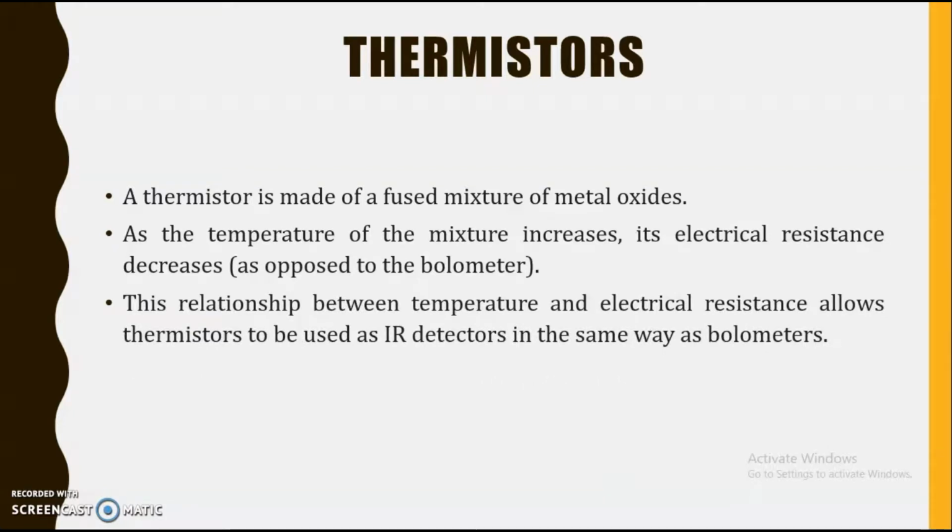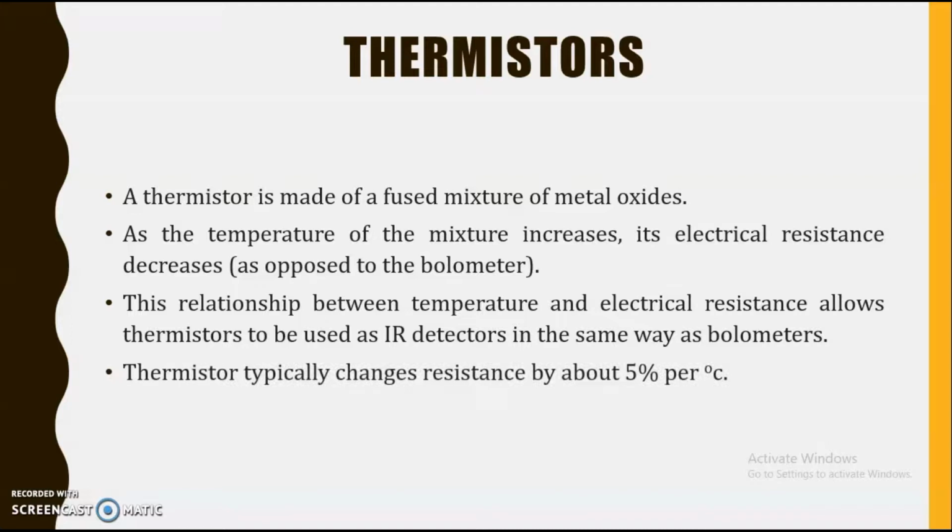And this relationship between temperature and electrical resistance allows thermistors to be used as IR detectors in the same way as bolometers. Actually these are the less commonly used detectors. Thermistors typically change resistance by about 5% per degree Celsius.